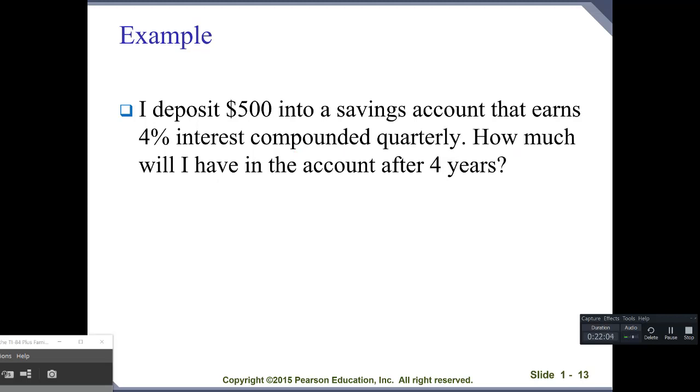Here's another problem, very similar. This one is, in fact, the only difference is that instead of being compounded annually, my interest is compounded quarterly. So again, we have our formula. Future value equals principal, or present value, times 1 plus I to the n.